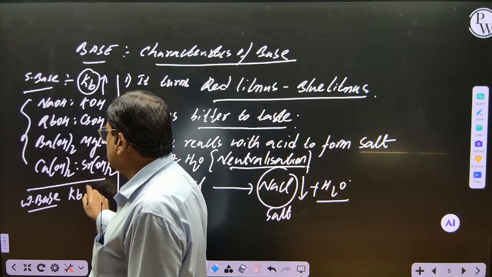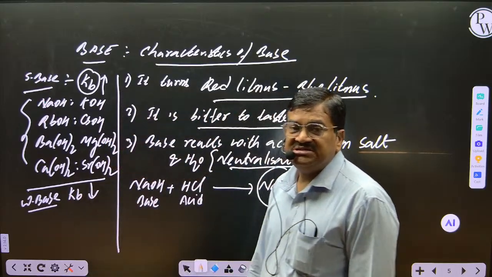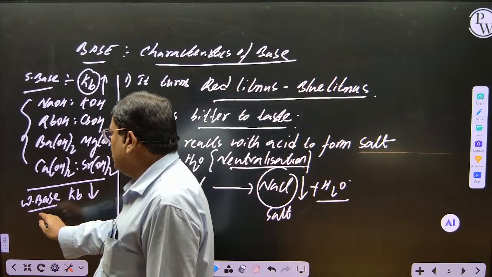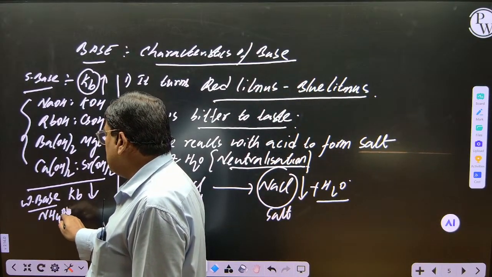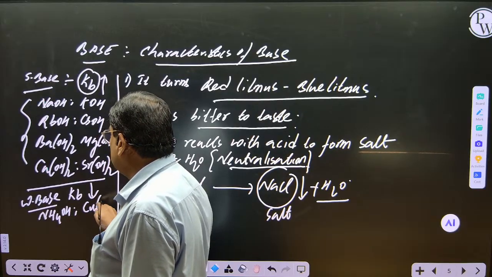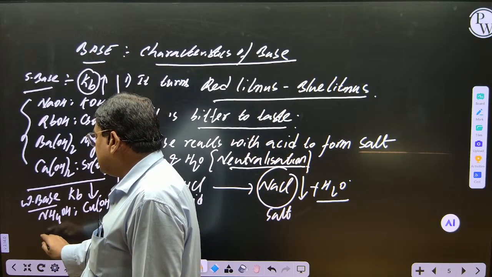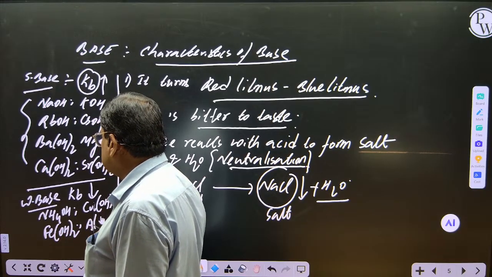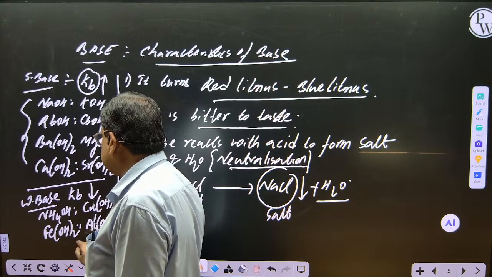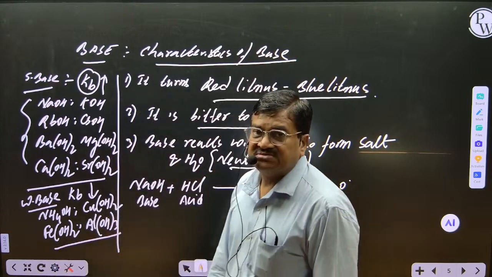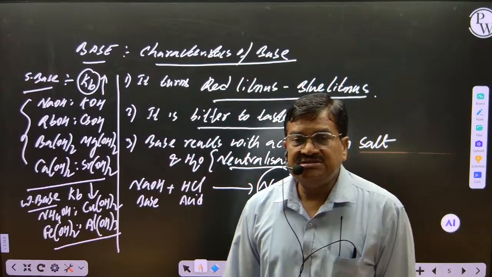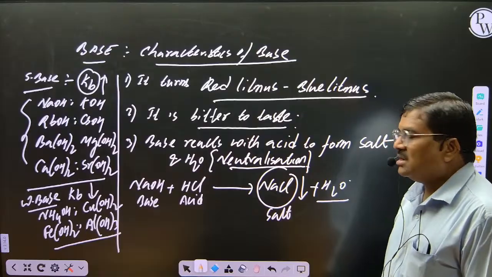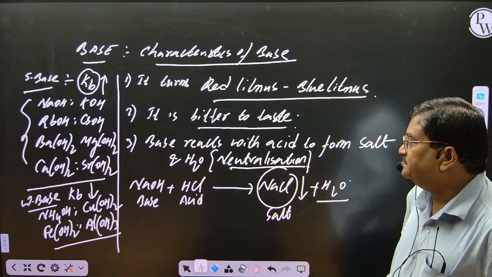Like ammonium hydroxide, NH4OH, cupric hydroxide, Cu(OH)2, ferrous hydroxide, Fe(OH)2, and aluminum hydroxide, Al(OH)3. These are all weak bases. Why? Because their dissociation constant is very low. So this is what about base. Copy this. Next we go for salt.